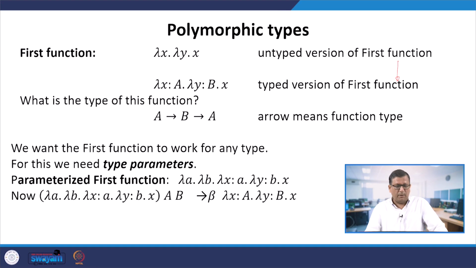So we are trying to make a transition: instead of saying that we have a fixed type, we are now saying we have a variable type. It will work for any types. So we introduce type parameters, and as a consequence we get a parameterized function. The parameters are just like normal parameters.